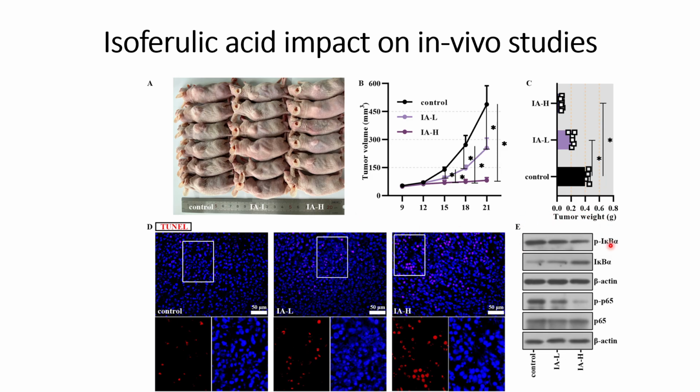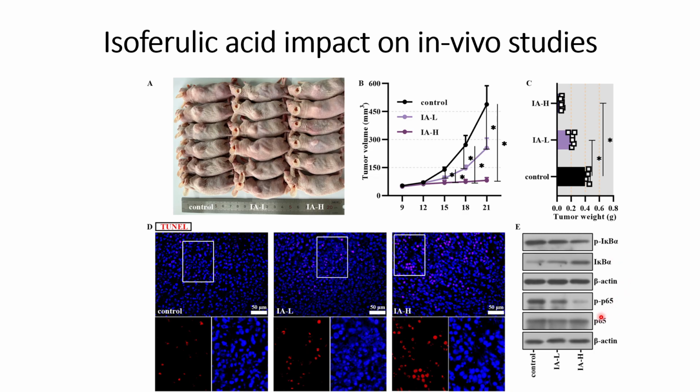That is, the factors for the NF kappa beta pathway, phosphorylated IK beta alpha, go down, whereas the normal IK beta alpha goes up because the cell wants to prevent apoptosis, but the phosphorylation does not occur as isoferulic acid interferes in some way to prevent the phosphorylation of IK beta alpha.